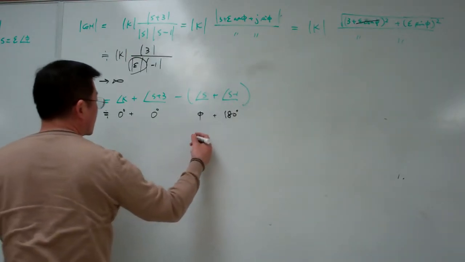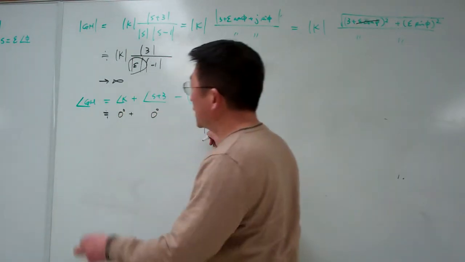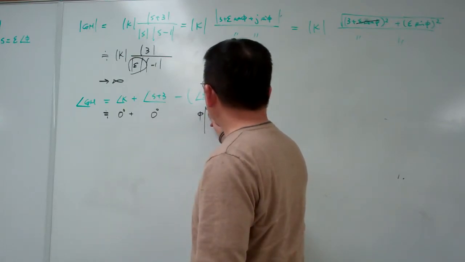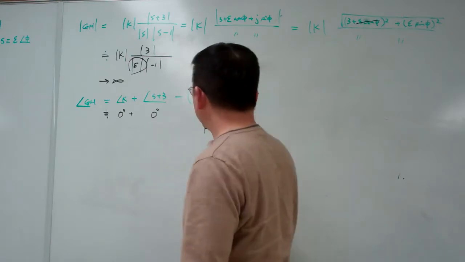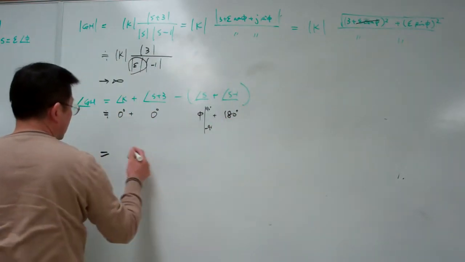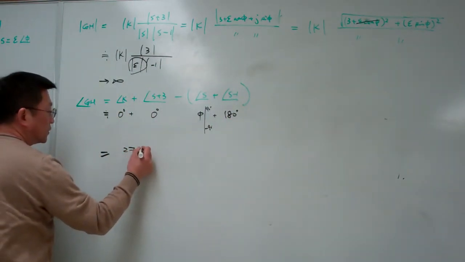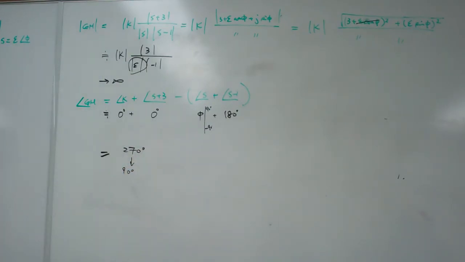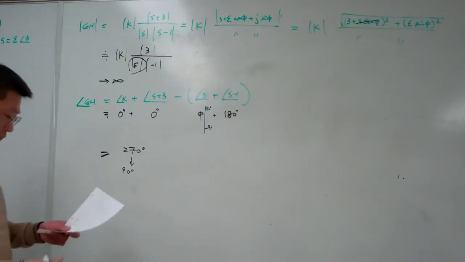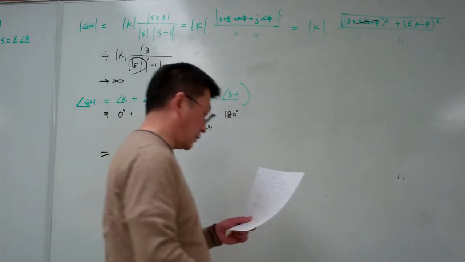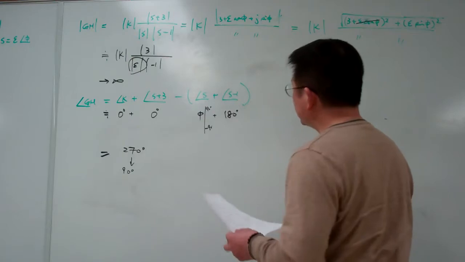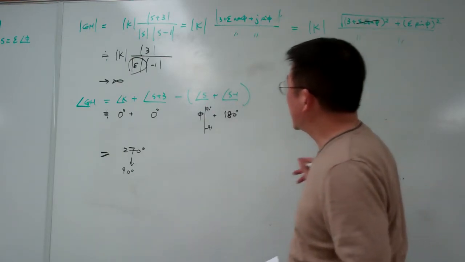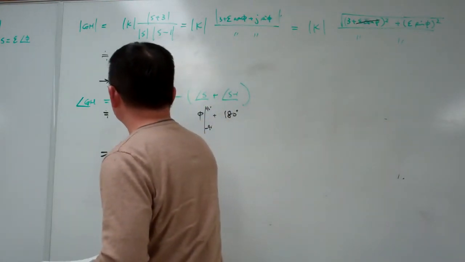So phi is changing from 90 to minus 90. So this result will be equal to plus 180, so that is 270, and changing to 90 degrees, right? Is that right? They're both negative. Negative here?